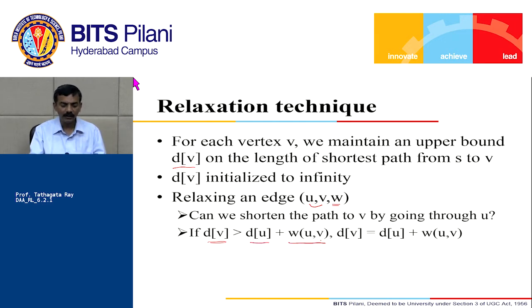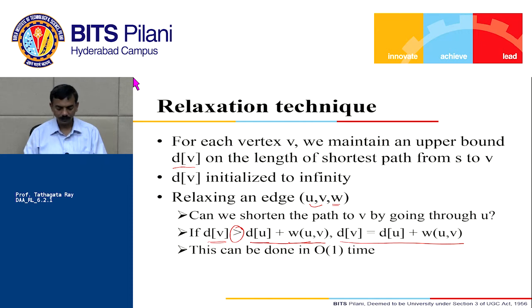Then through some other node the cost of coming to V is more than coming through U. The cost of coming through U is the cost to reach U plus the edge weight UV. If that is strictly less, then dV is updated to dU plus weight of UV. And that's what is called relaxation.